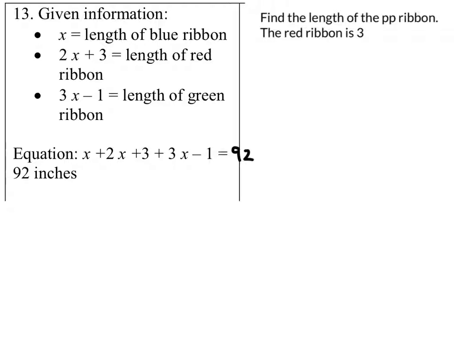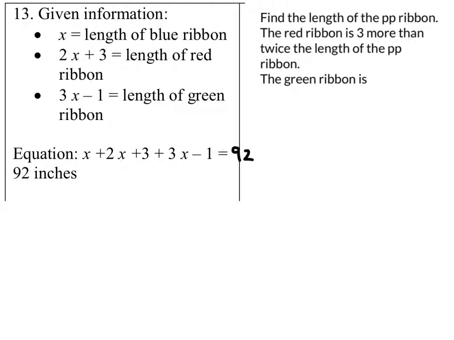So 3 more than twice the length of the purple ribbon. All right, that's the red. Next up is the green. The green ribbon is 1 less than 3 times the length of the purple ribbon.